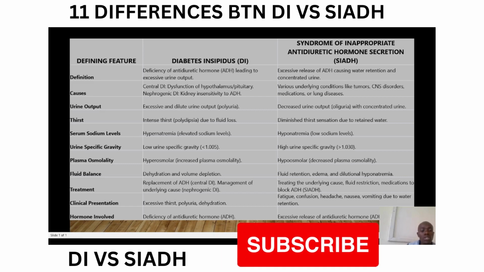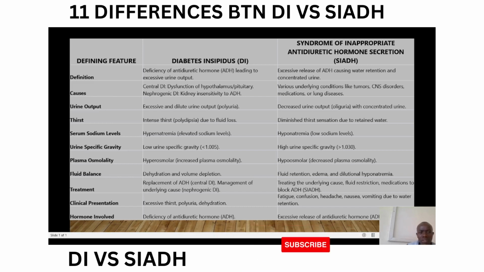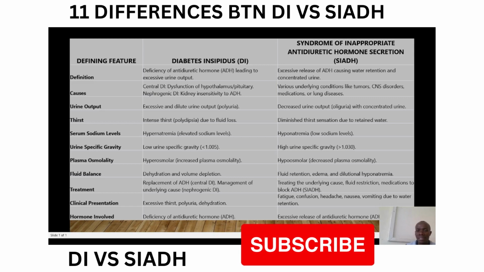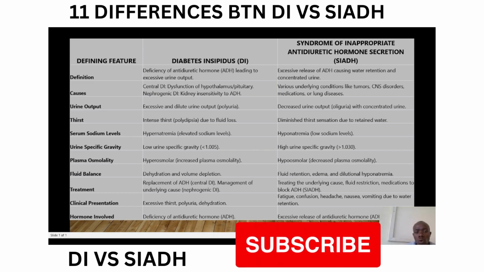More solutes are being lost. Remember, somebody will ask you, what does urine specific gravity mean? Urine specific gravity is a measure of concentration of solutes, such as salts or other dissolved substances in urine. We are comparing it with the concentration of pure water, and this is a valuable diagnostic tool in medicine.